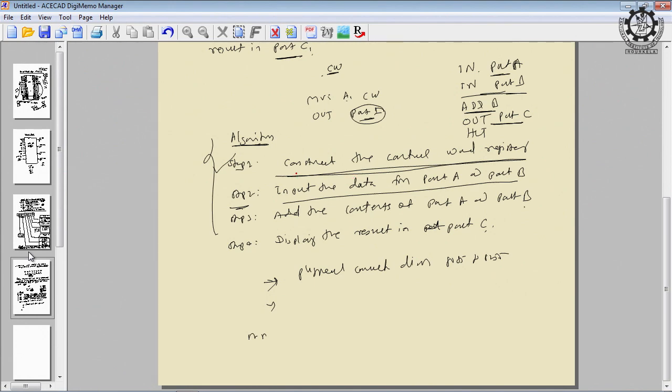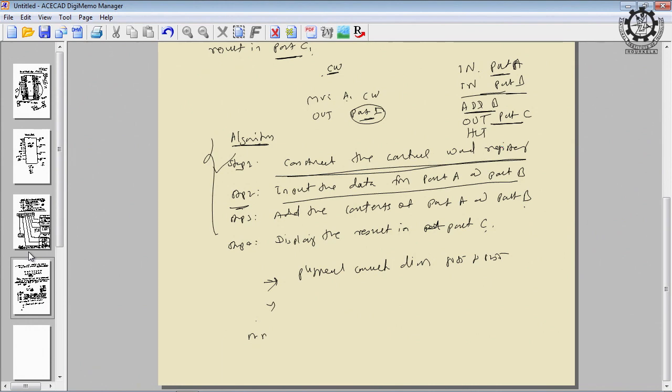Second, write the corresponding set of instructions for this particular algorithm. I have just written it in English, but you have to write the corresponding instructions using either the 8085 instruction set or the 8086 instruction set. And finally, give a description about the interfacing mechanism. If you are not able to give that description, just write comment statements in the program. That will also be enough.